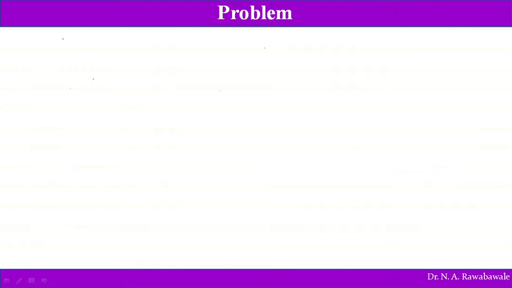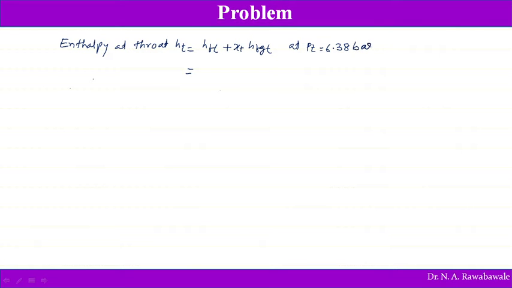So enthalpy at throat, HT, is given by HFT plus XT into HFGT. HFT is taken at pressure PT equal to 6.38 bar.